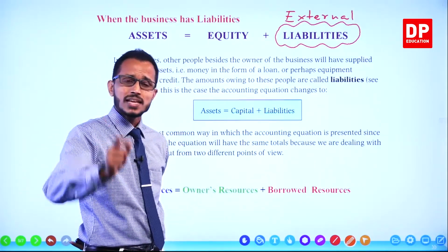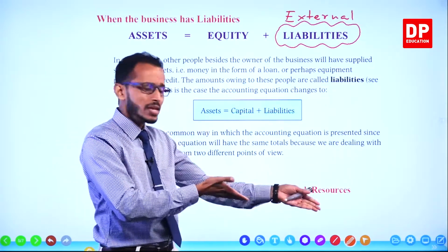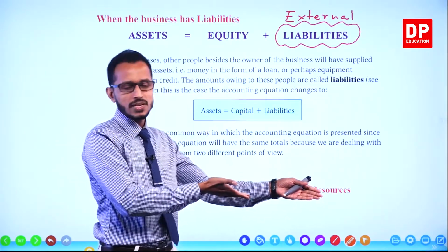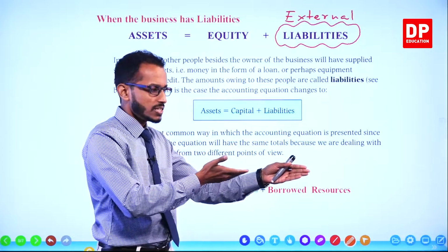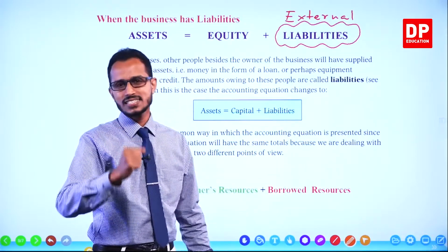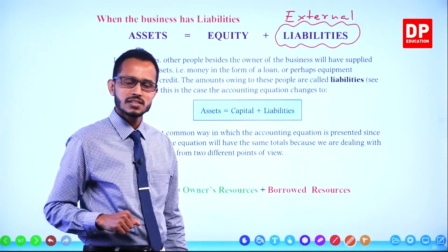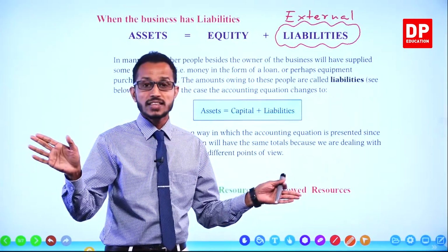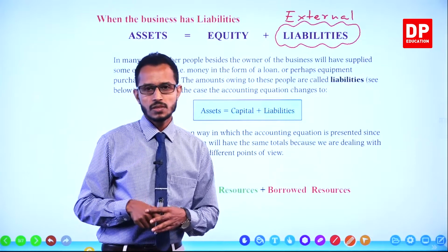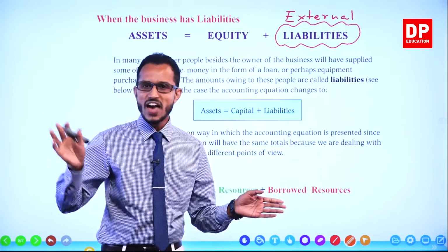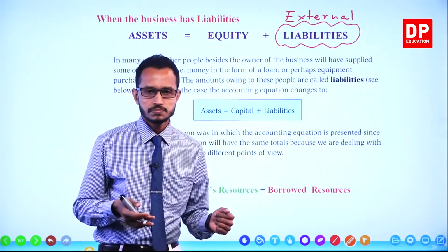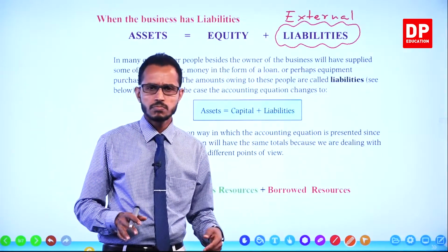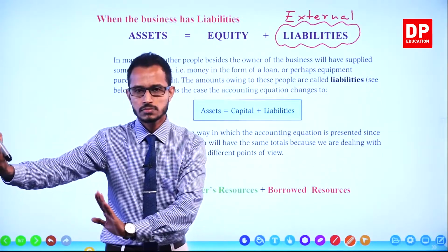Aren't those liabilities when they come to the business? Aren't those money or goods assets to our business? Just forget the fact that they are borrowed.